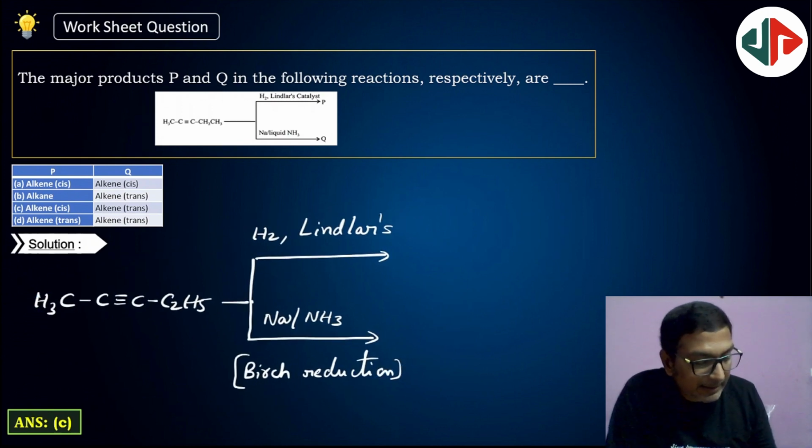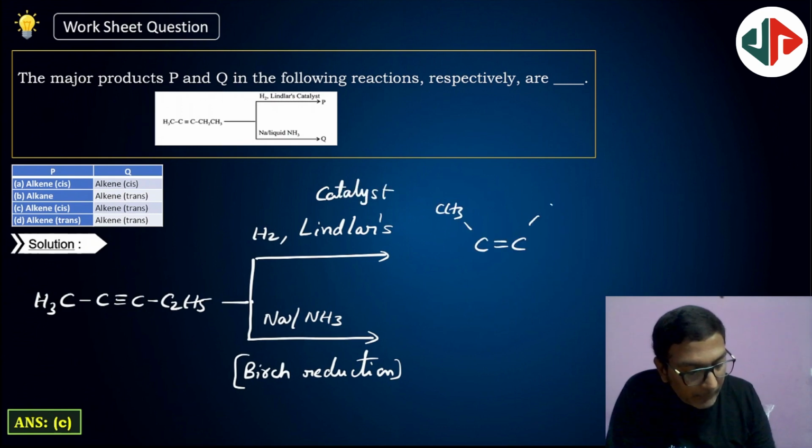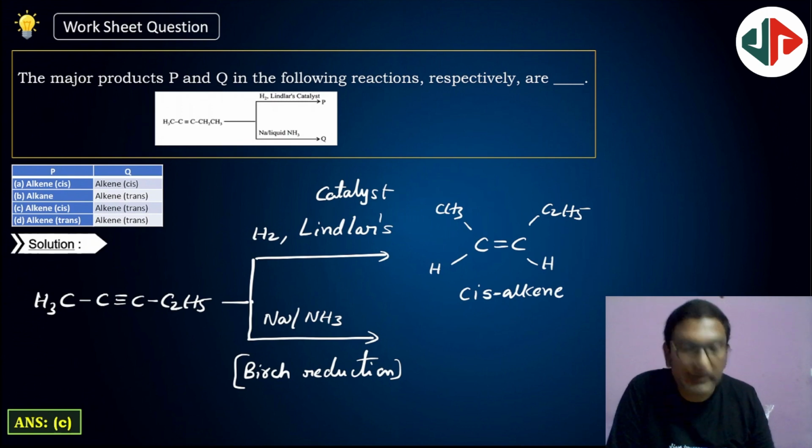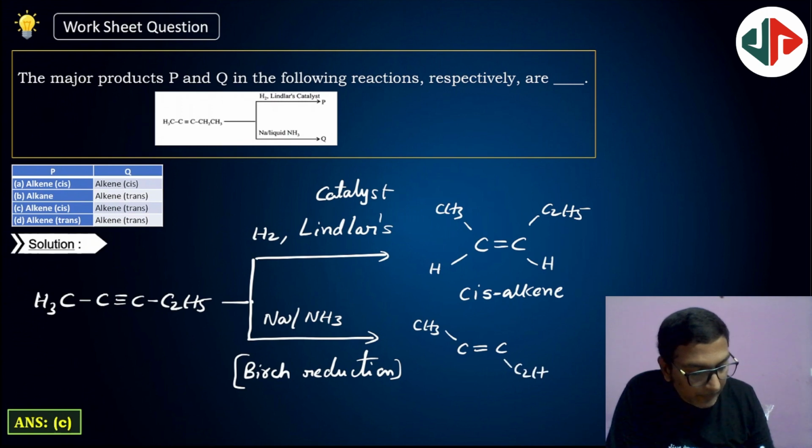So with Lindlar's catalyst it forms the cis alkene, very, very important. Next, here it gives trans alkene.